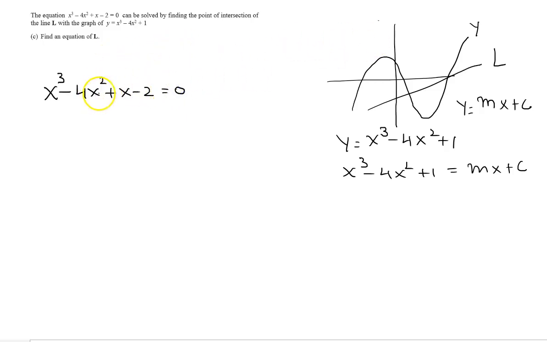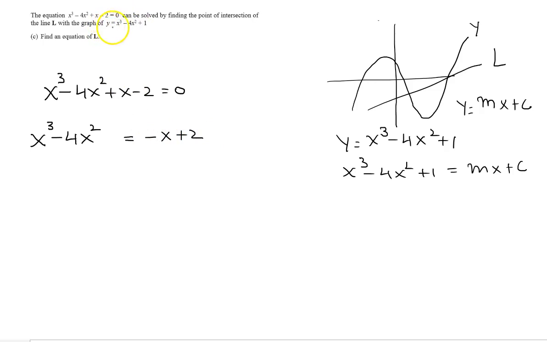This equation has come after solving this y and this. So let's write our equation of the curve, that is x cube minus 4x square, then this is not there, so let's take it this side, so this is minus x plus 2.